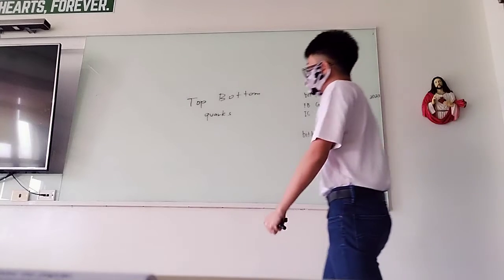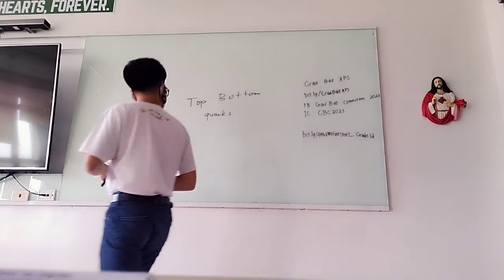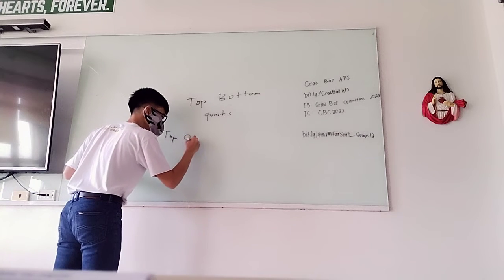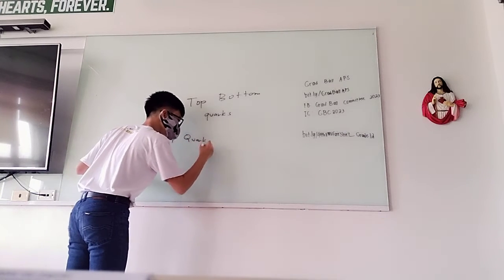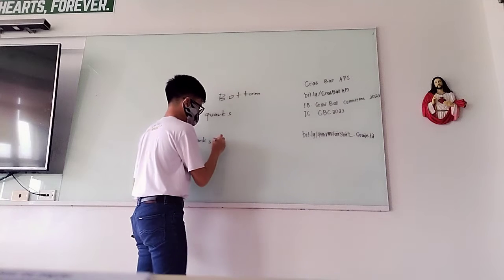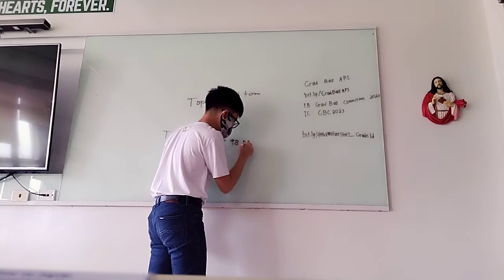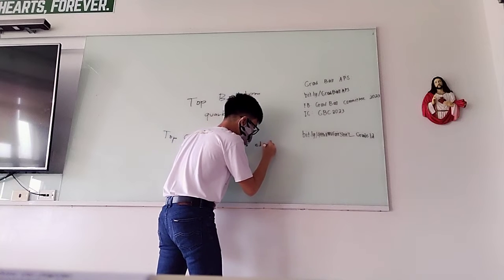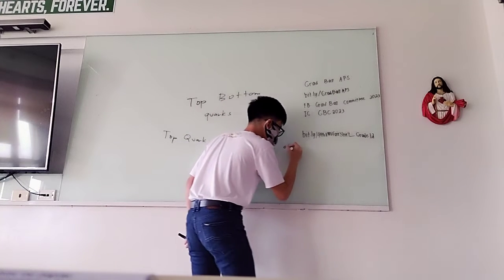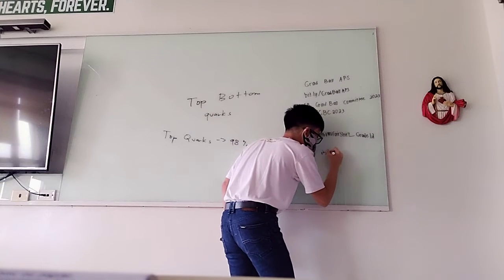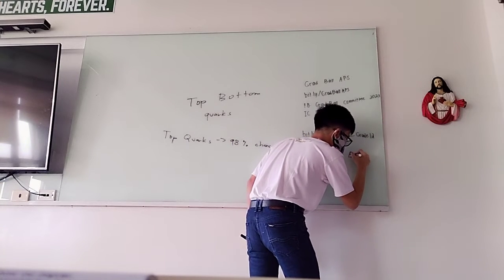Now, it is known that top quarks have a 98% chance of turning into a bottom quark.